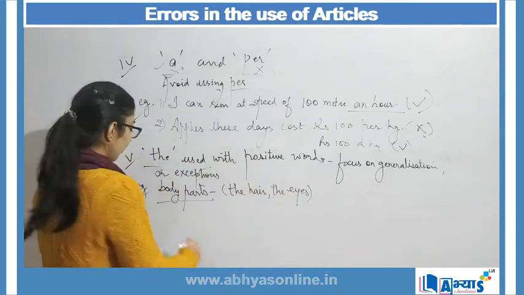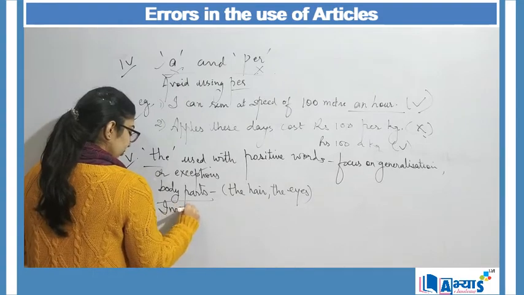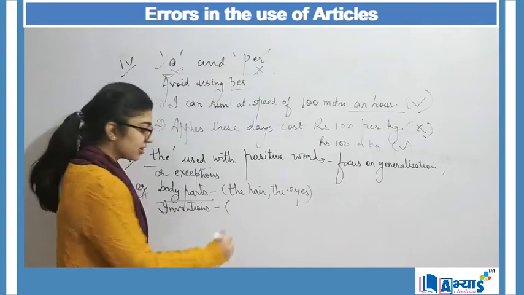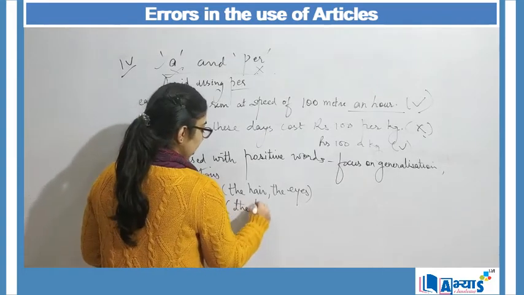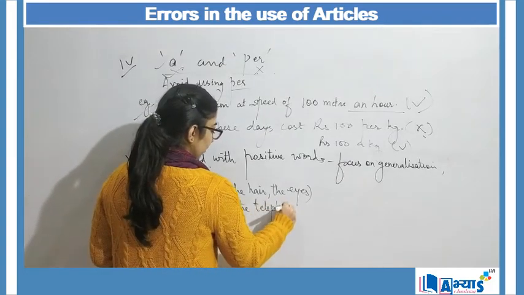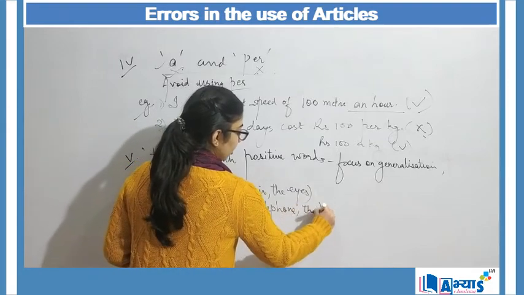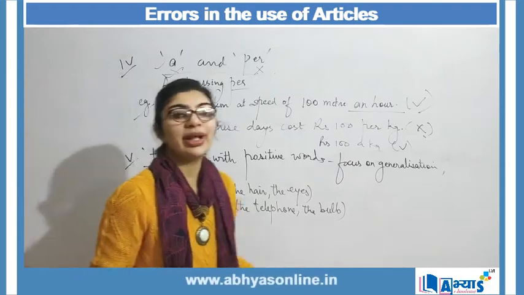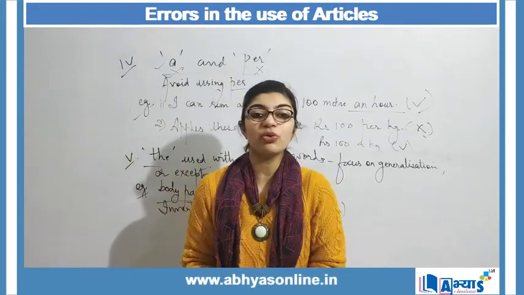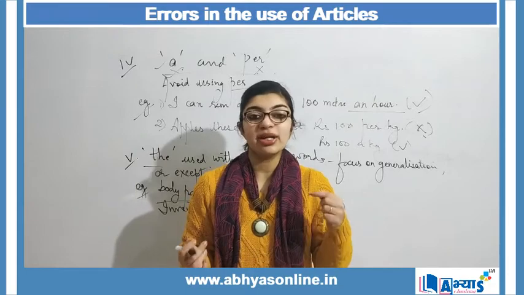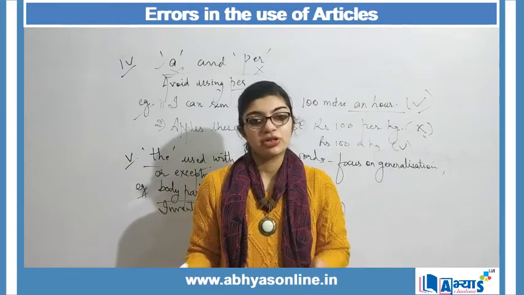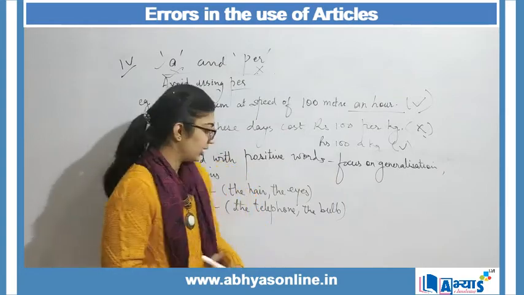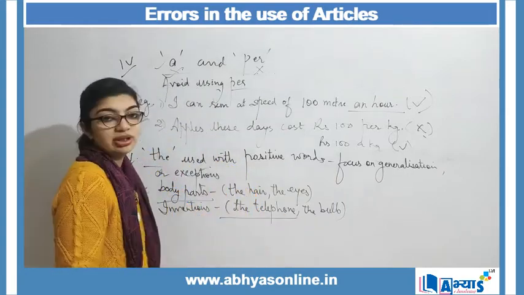Or when I'm talking about inventions, so when I'm just discussing the inventions, then I will say the telephone or the bulb, right? When I particularly say who invented the bulb, I will not say who invented a bulb. I will say who invented the bulb. So I know that the bulb was invented by Thomas Edison. Then I say the telephone.